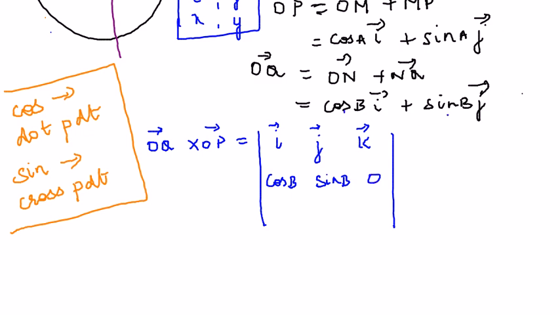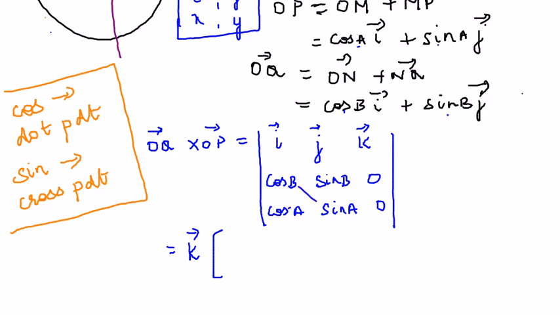And in case of OP, I am going to write this and this. Okay. So for i it's cos A, sin A, and of course k is 0. So this will be nothing but k vector into, right, this into this minus this into this.